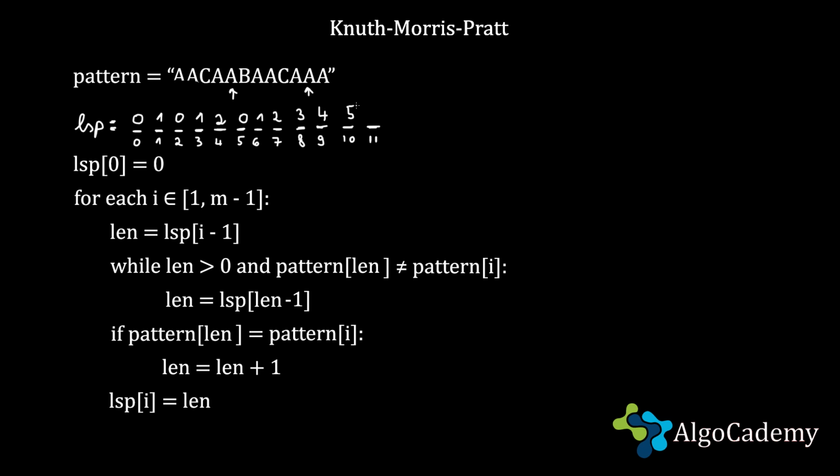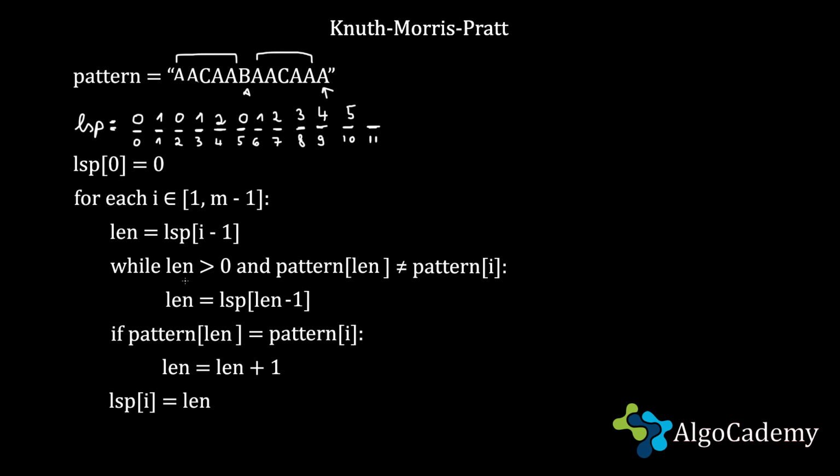So this LSP is now 5. And I move on and I want to compute the next and the final LSP. What do I do? Len will be initially equal to 5. So basically this means this suffix of len 5 with this prefix of len 5. Cool. 5 greater than 0. Yes. Pattern of 5, this one, is different than pattern of I?